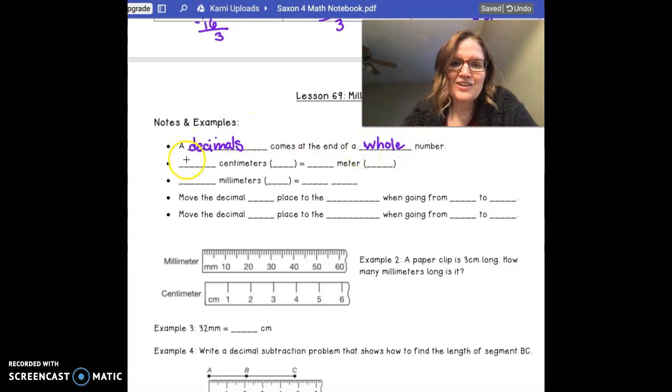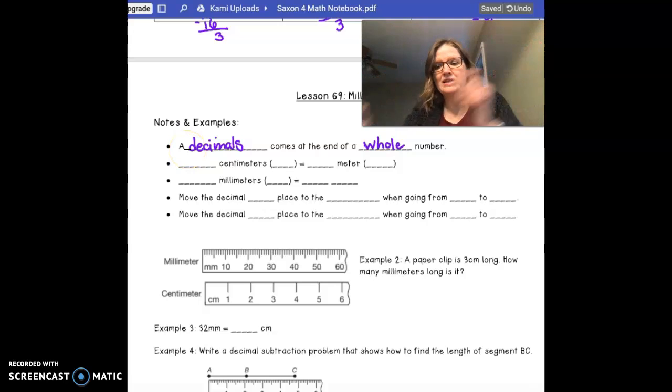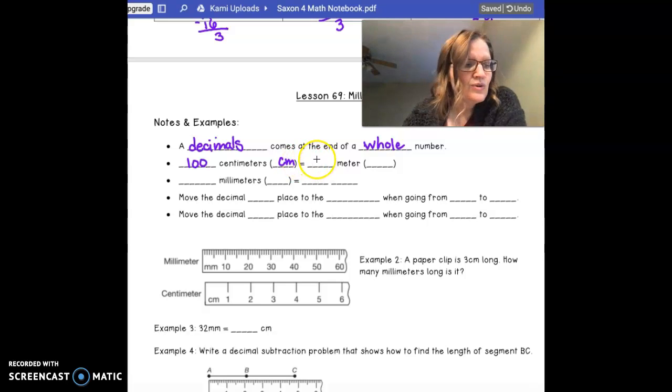And let's refresh ourselves on some things that we understand about the metric systems, particularly in measuring length. First off, 100 centimeters, and this is the little abbreviation, equals 1 meter. This is the abbreviation for meter, just M. There are, oh my goodness, think about this, guys.